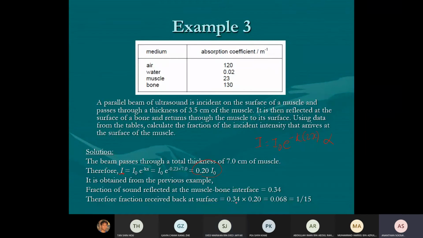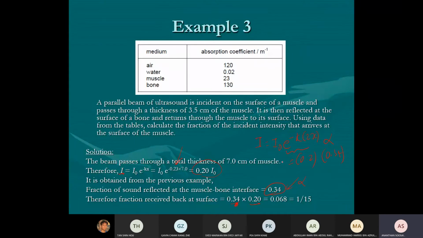Therefore, the fraction received back is 0.34. 0.34 is your alpha. E negative Kx is what? This e negative K times 2 you already know, they already times 2, so e negative K2x is 0.2.